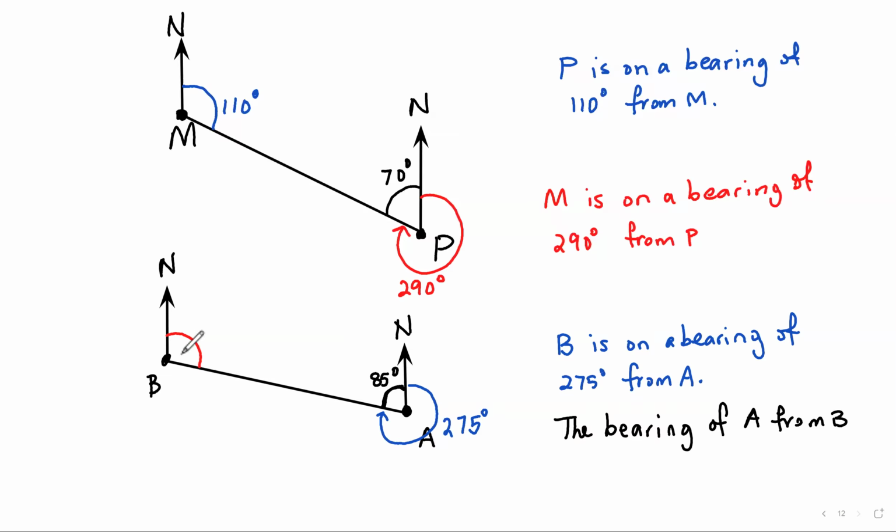And now to find this angle, what would we do? 85 from 180. Correct, because these two angles inside the two north lines sum to 180. So it would be 95. Therefore, the bearing of A from B is 95 degrees, so you'll write 095 degrees.